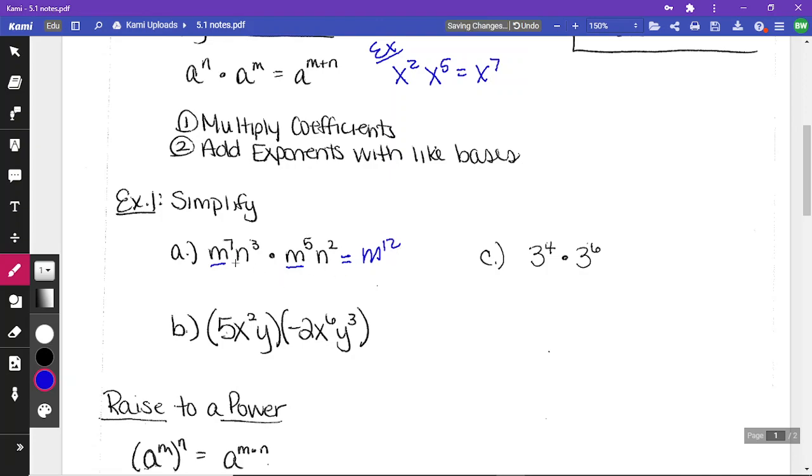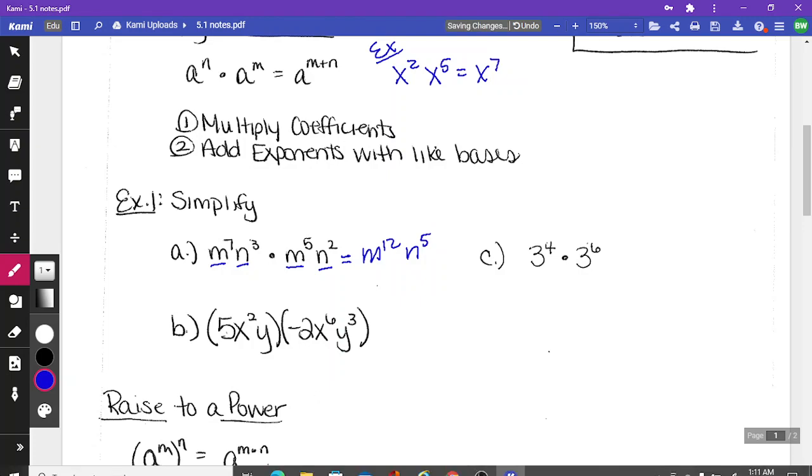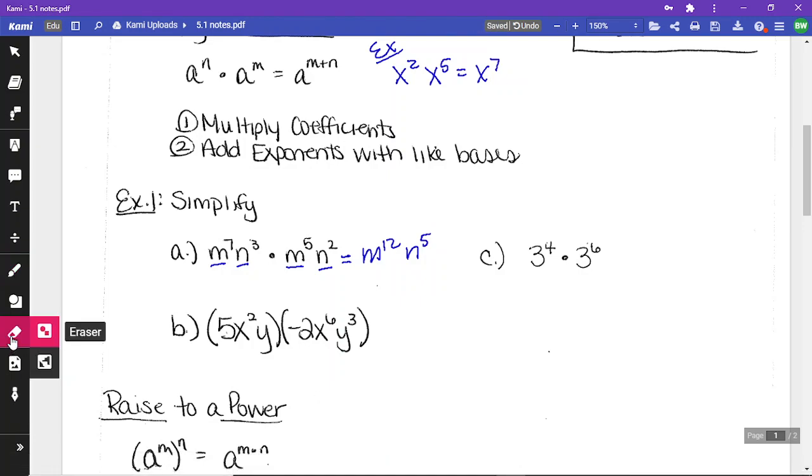And n has an exponent of 3, and also there's another one with exponent of 2. So that's n to the 3 plus 2, or 5. Okay, add the exponents. So let's look at the next example.